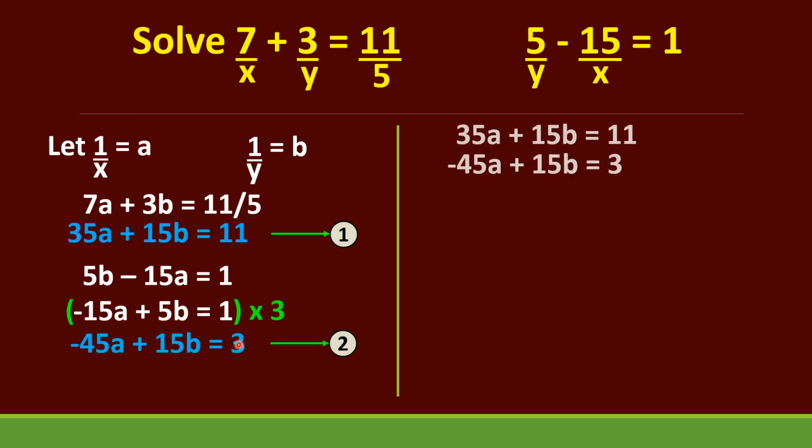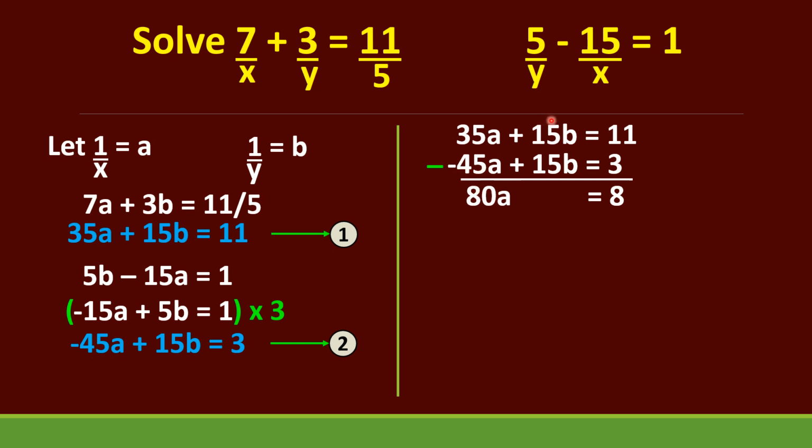Now taking these two equations, we have to either add or subtract. Since both have positive signs, plus 15b and plus 15b, we have to subtract the second equation from the first equation. Now we get 80a, that is 35a minus 45a; minus becomes plus, so 35a plus 45a is 80a.